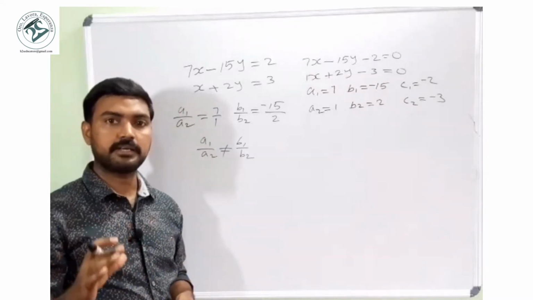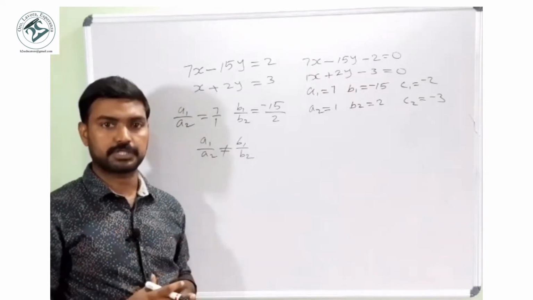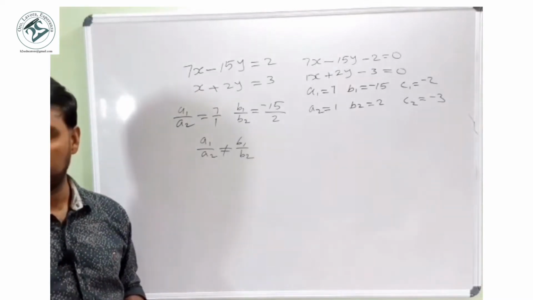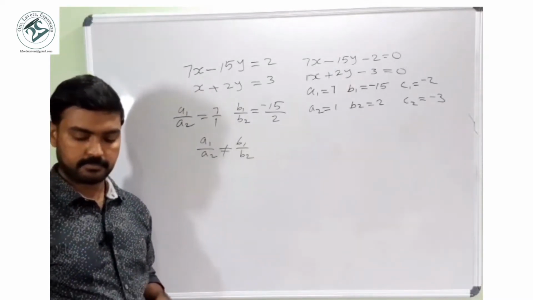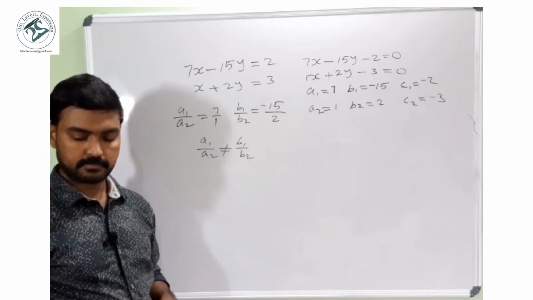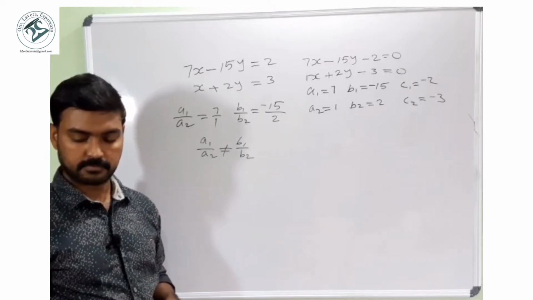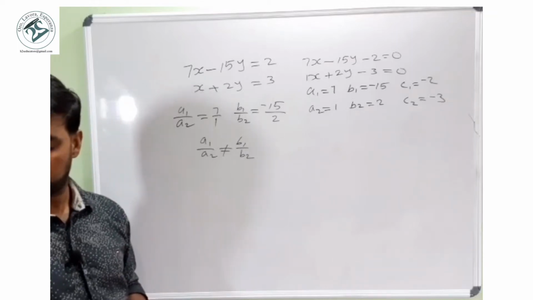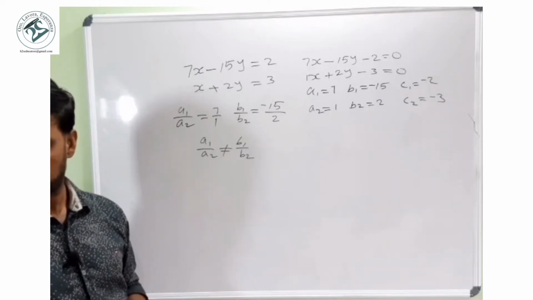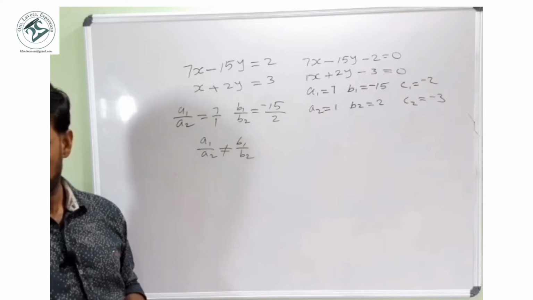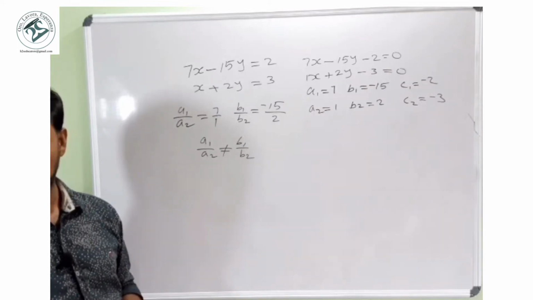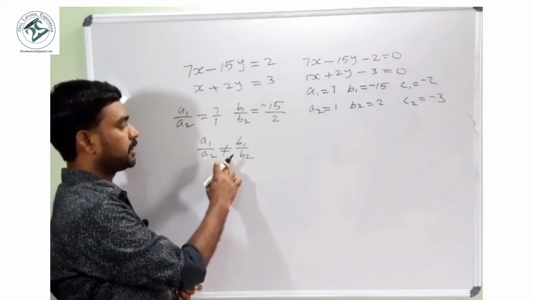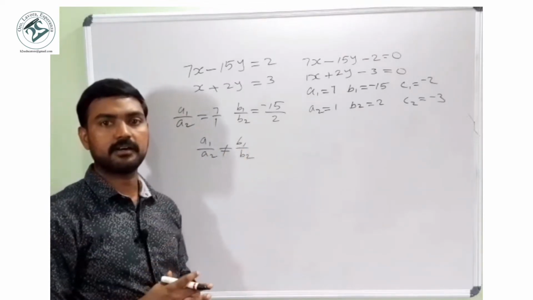So if you get a pair of linear equation, you have to check the value a1 by a2 and b1 by b2. If a1 by a2 not equal to b1 by b2, then only you will get the solution.